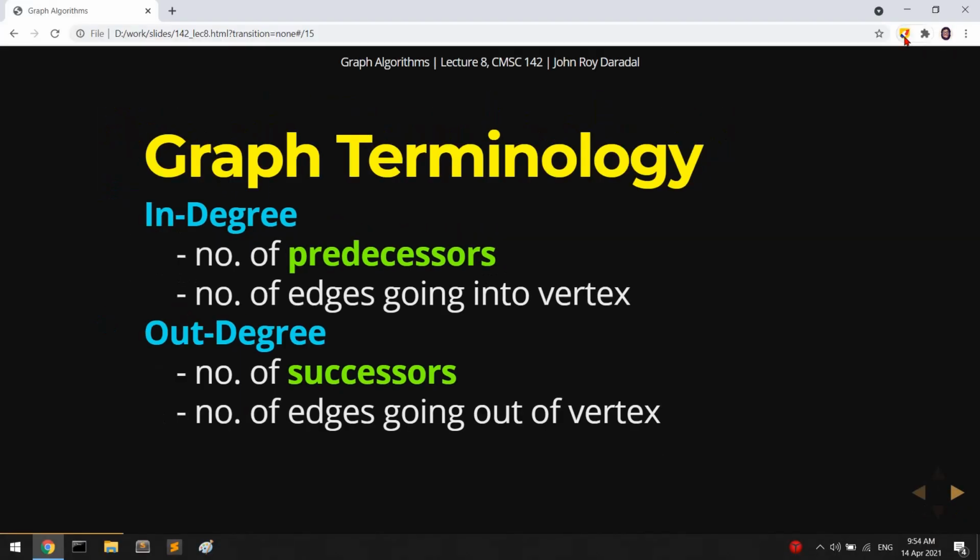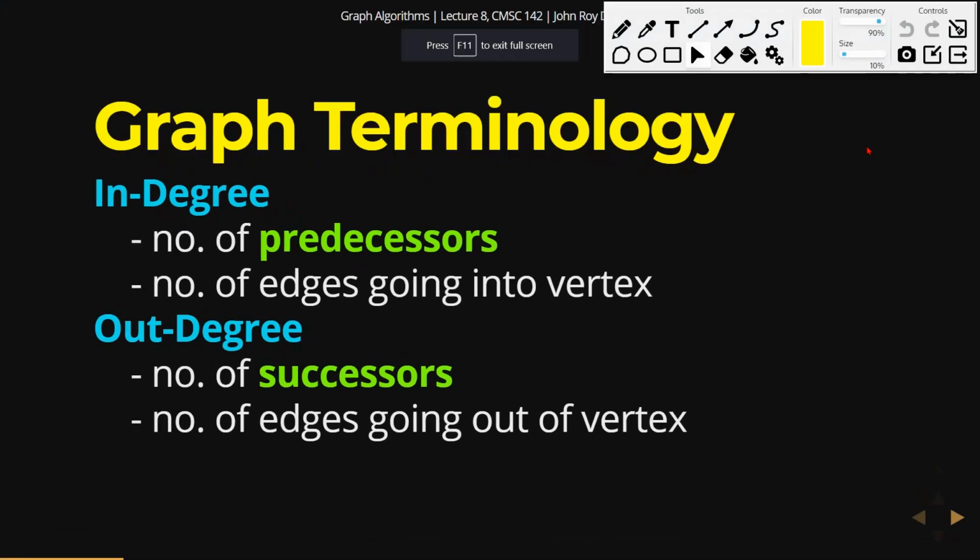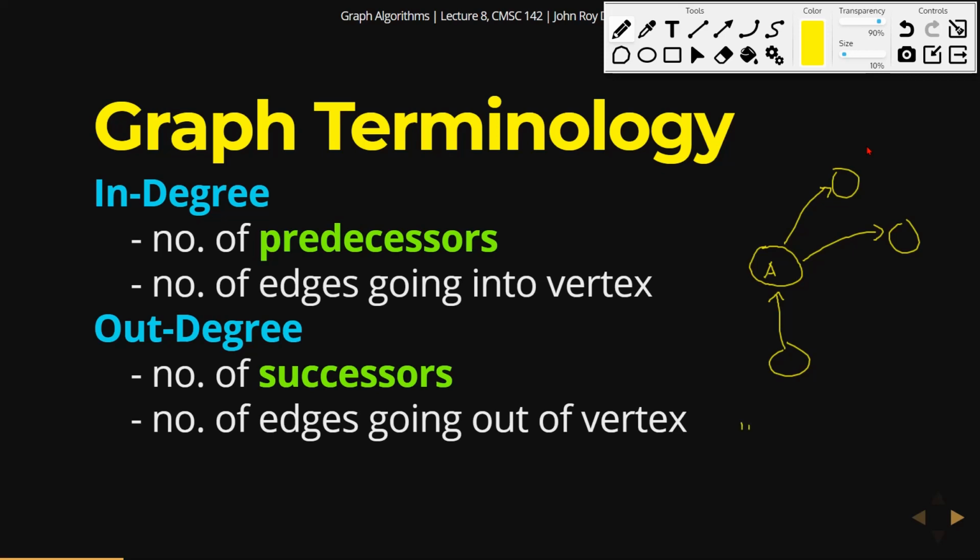So if we have a graph, and let's just zero in on one vertex, let's say vertex A, it has edges going there, something like this, for example. The in degree of vertex A is how many? 1, because there's only one edge going in, which is this one.